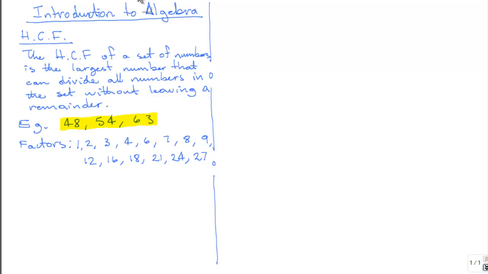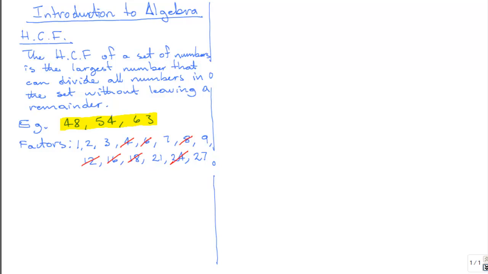So let's play a game of elimination. Which numbers are, first of all, common to all three? Now, we can quickly eliminate. We have an odd number here in 63, so we know that no even number will be a factor of 63. So we can immediately eliminate all the even numbers from our set of factors here.